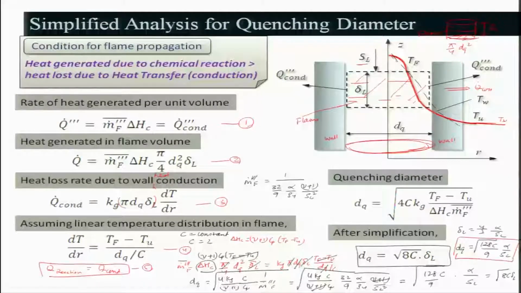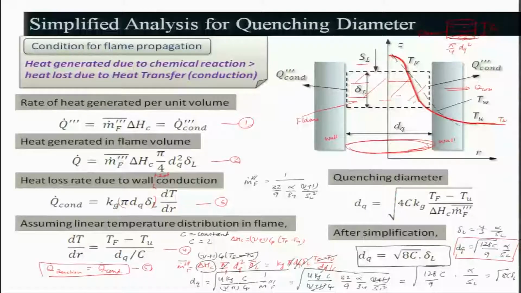That means, the quenching diameter is inversely proportional to the laminar burning velocity. That means, if burning velocity is higher, what will happen to the quenching diameter? Quenching diameter will be small, right. So, therefore, it is very difficult to quench the hydrogen air flame or hydrogen oxygen flame, because laminar burning velocity will be very high.